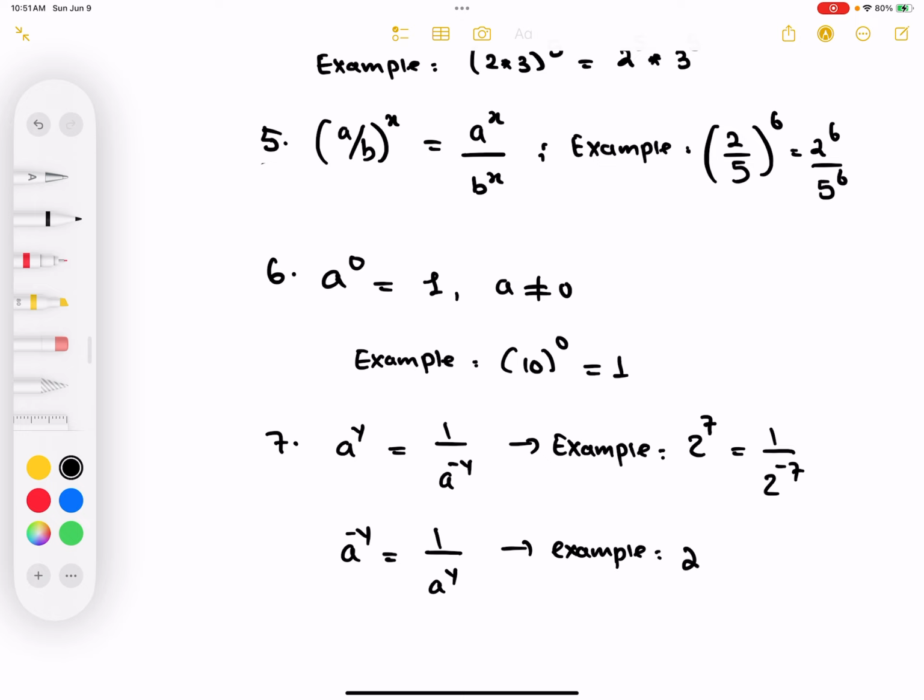For example, 2 to the negative 4 can be written as 1 over 2 raised to 4. So these are the basic exponent rules. Please make sure to be familiar with them in order to simplify any exponential expressions. I'll come to the next video using these rules and do some examples of exponential expressions.